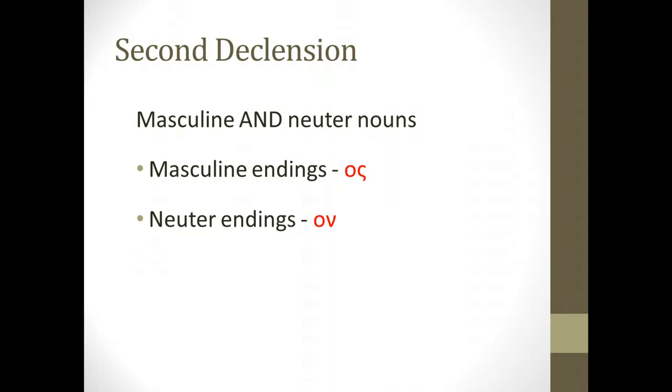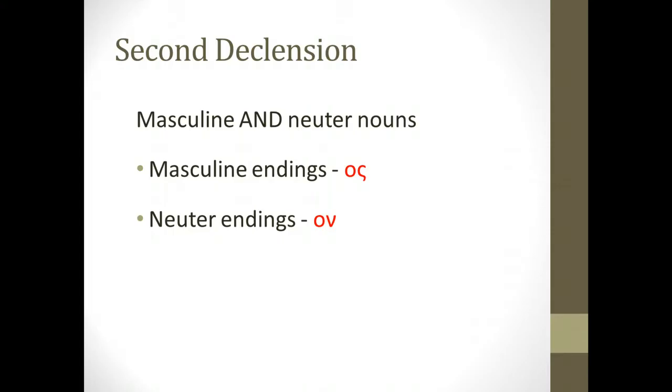I'm going to teach you a little trick next chapter about the definite article, but you should also keep in mind that all the nouns you learned that end in omicron sigma and omicron nu are either masculine or neuter. If it's omicron sigma, you know it's masculine and it will always be masculine. It never will change. If you learn it as omicron nu, you know that it's neuter and it will always be neuter.